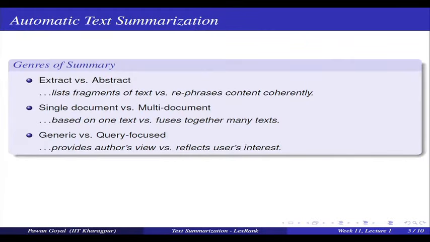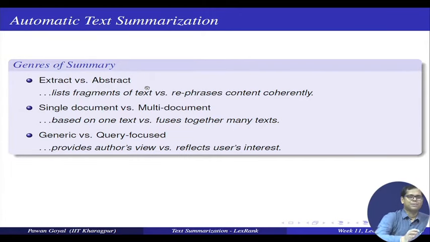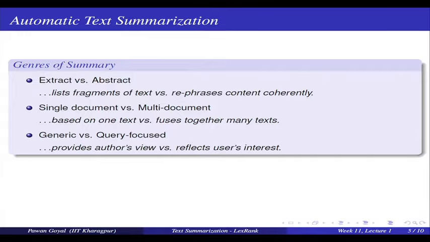Now when we talk about summary, there are different genres in which you can produce a summary. For example, you can talk about extractive summary or abstractive summary. So let us try to understand the difference. In extractive summary, you take the input document and break it into various sentences, and you pick the important sentences from there.